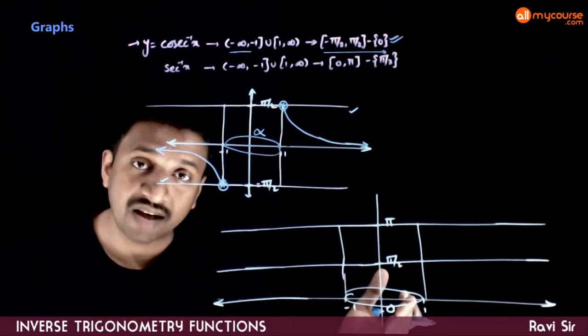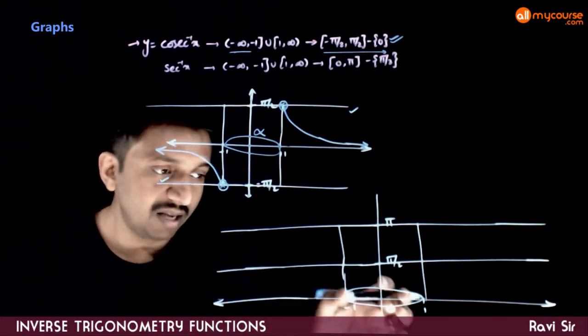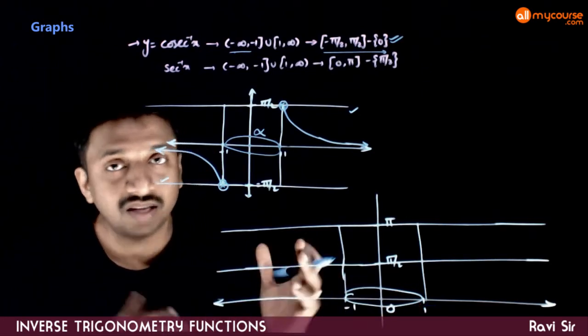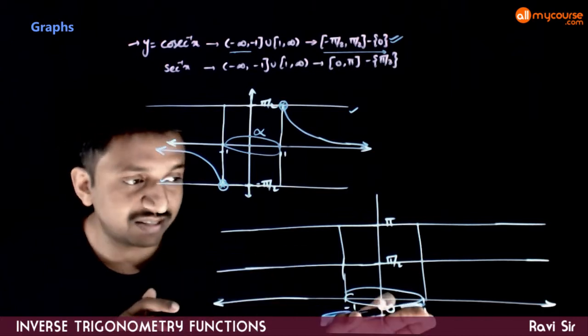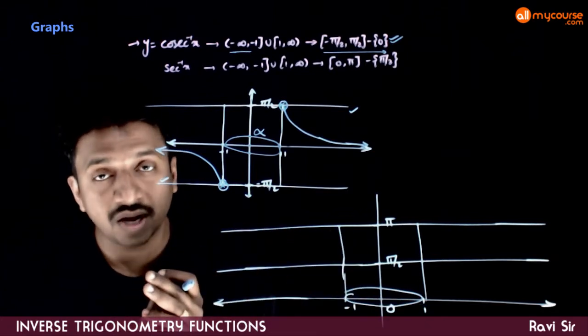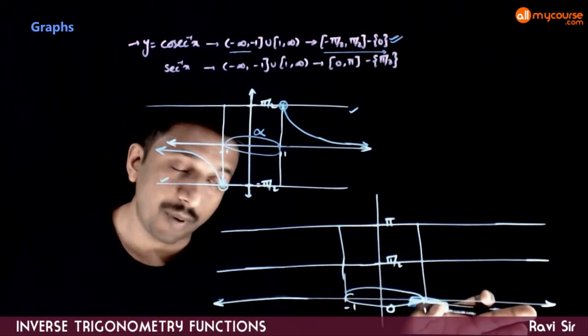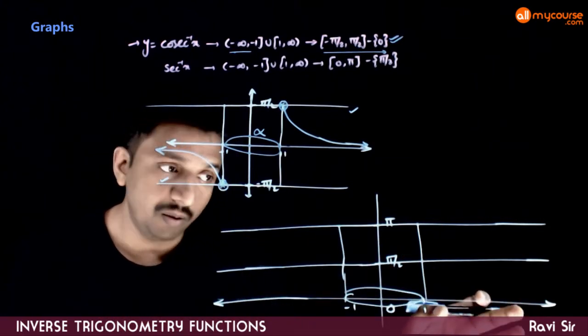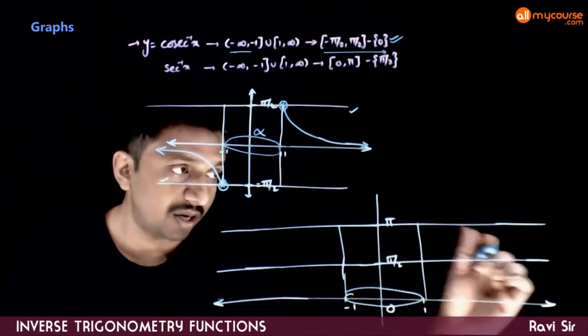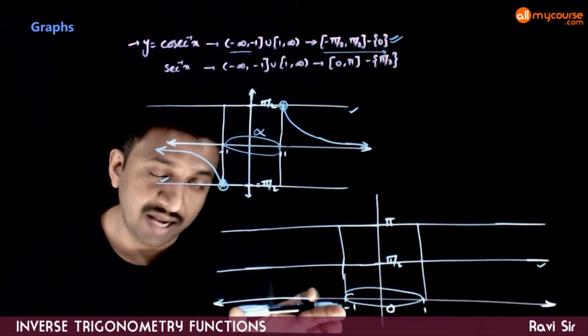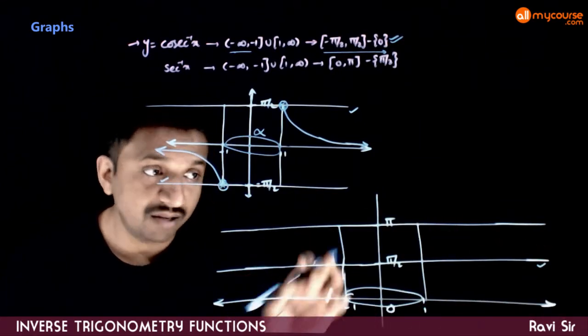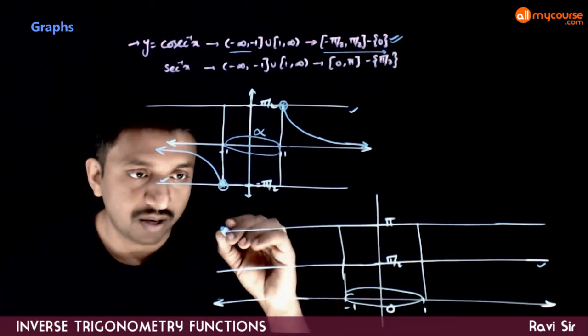Similarly, if you go to the graph of secant inverse x, here also between minus 1 and 1, there is no graph, because minus 1 to 1 does not come in the domain of secant inverse. Now if you go to the positive values of x, you get values in the first quadrant, that is in this part. For negative values of x, the values of y are in the second quadrant, that is in this part.